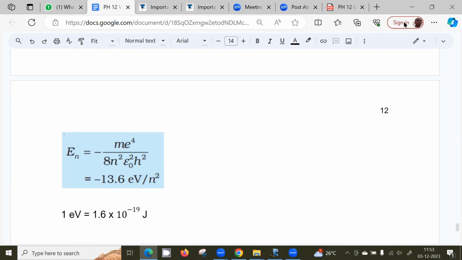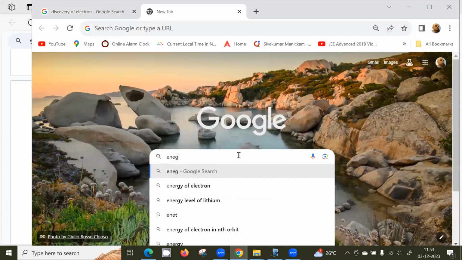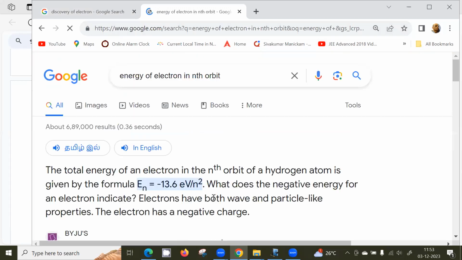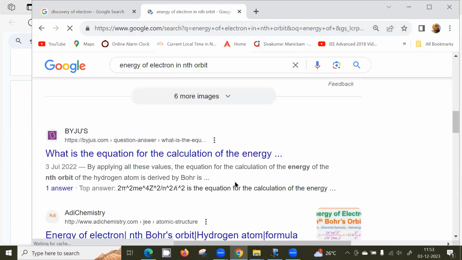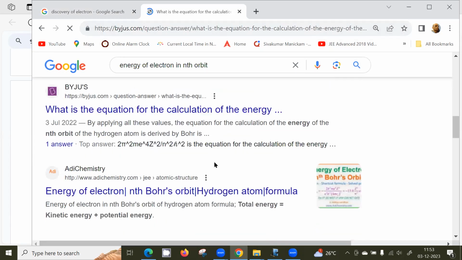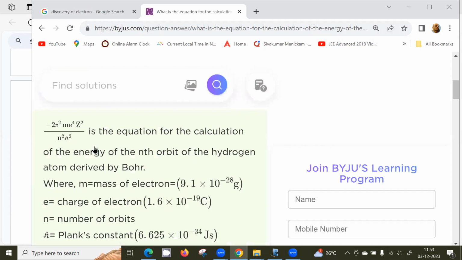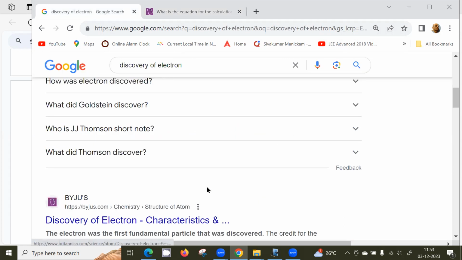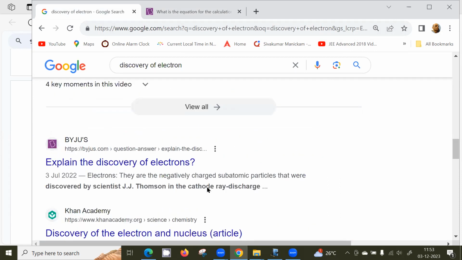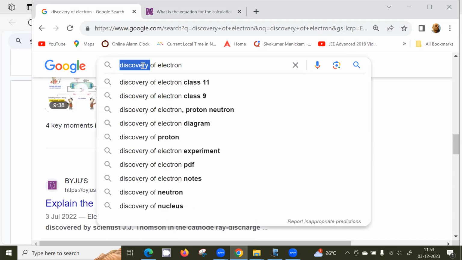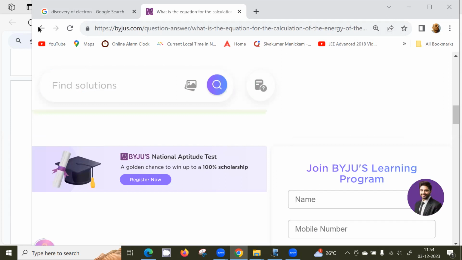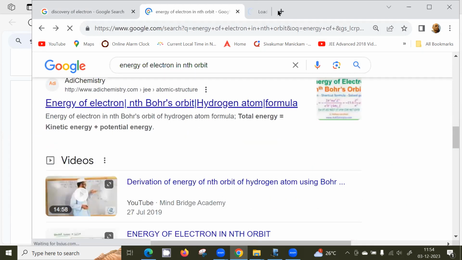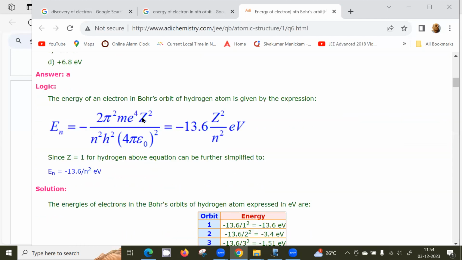It will increase as z. Yeah, it goes as z square.